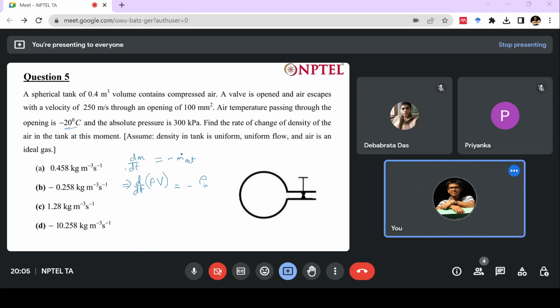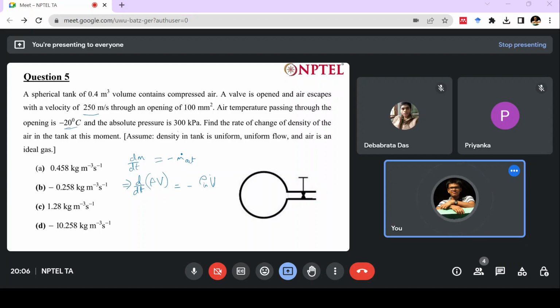But a problem will be there because my velocity will also vary with time, and I don't have that relationship. So for simplicity, I will assume this density as my initial density. I will have the initial velocity which is given.